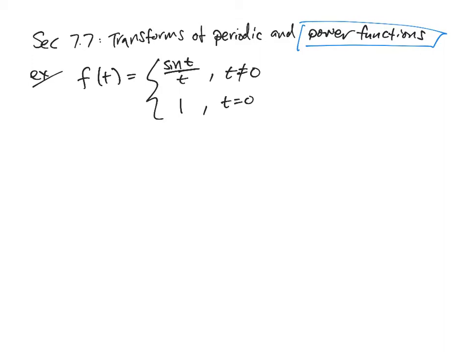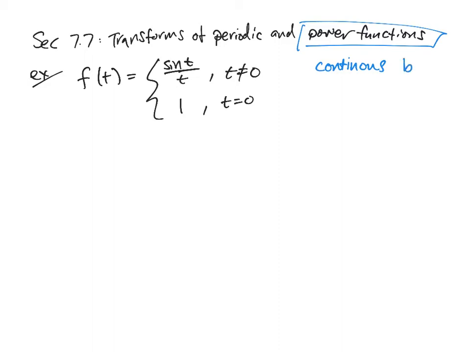Now this is a continuous function, even though we have defined it separately. Of course, it's continuous wherever t isn't equal to 0, because it's just a continuous sine function divided by t, so we only get into trouble where the denominator equals 0.